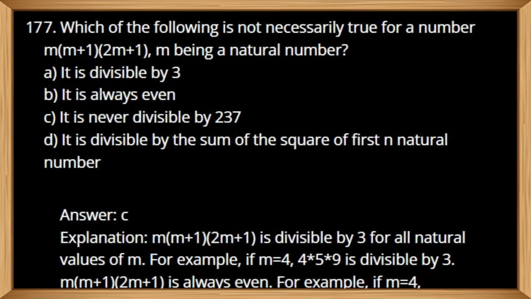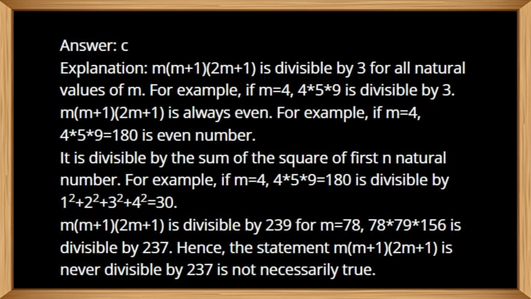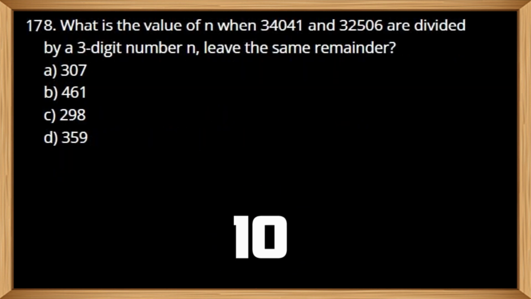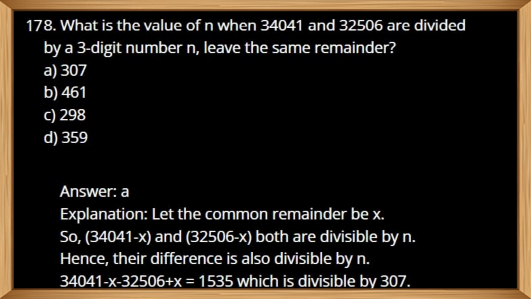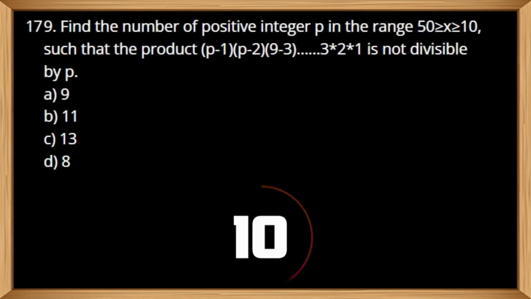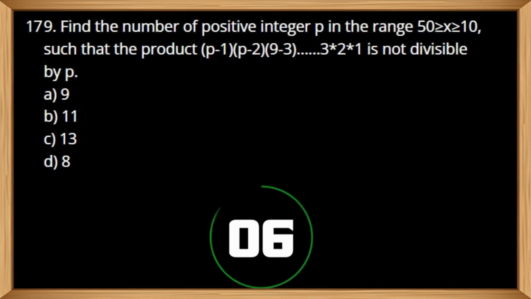Option C, it is never divisible by 237. What is the value of n when 34041 and 32506 are divided by a 3-digit number n and leave the same remainder? Option A 307.